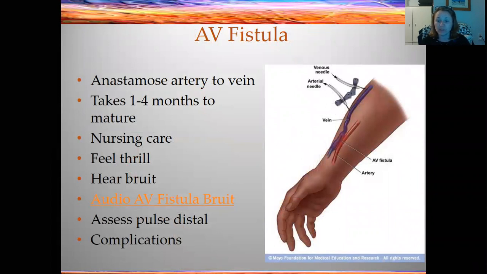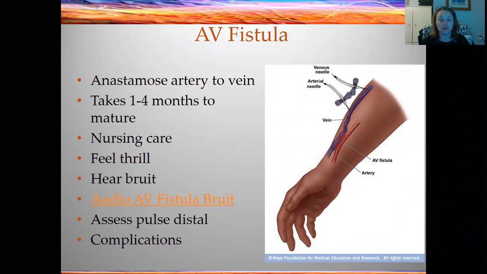What they will do is anastomose, or join, an artery and a vein. It will take 1 to 4 months for that to mature. It can't be used immediately. So this is back in stage 4 of kidney disease. They may go ahead and place this fistula in preparation for needing dialysis whenever they do get to stage 5.